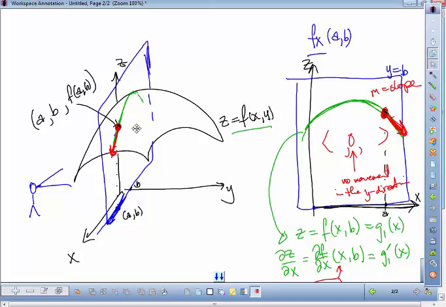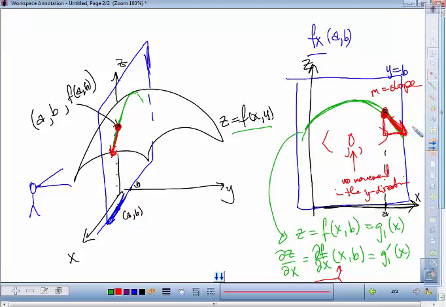Okay? So now, we're fixing the y, we're dealing with x and z, and we have the slope. So what we're going to do is we can do a rise over run business to get the x and the z components.